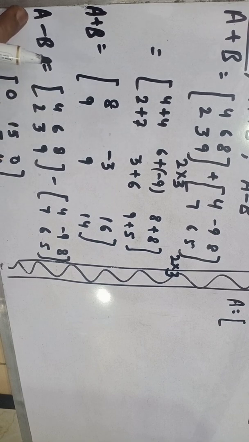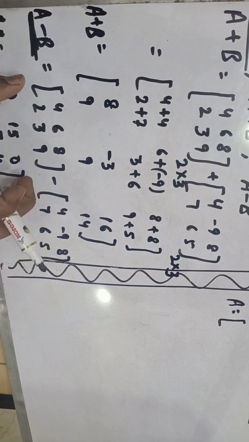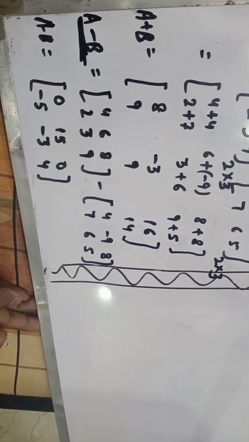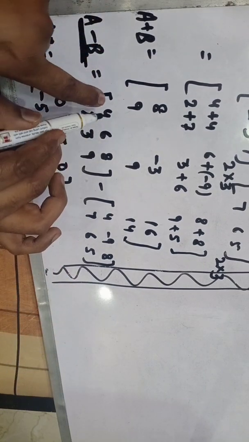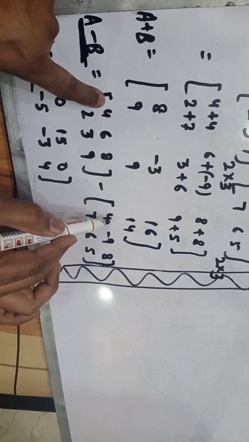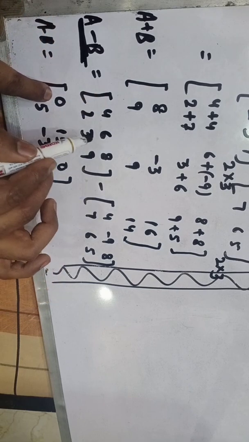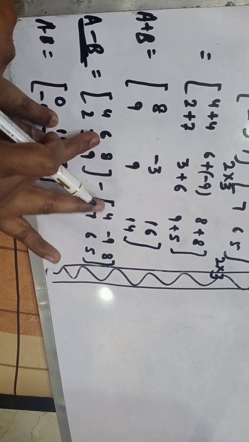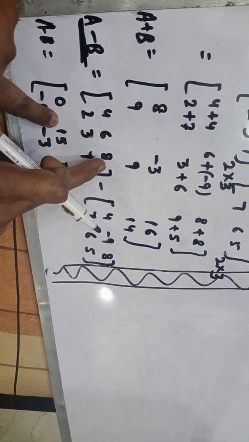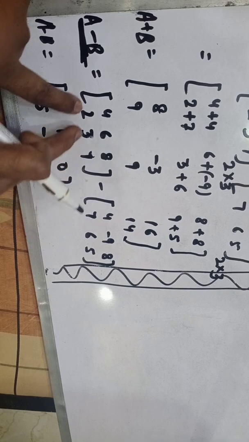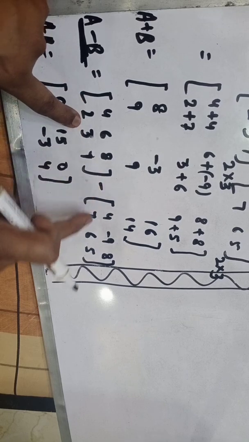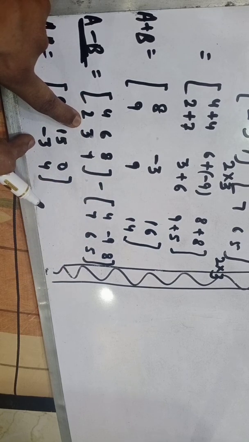Now we have to find the subtraction of these two matrices, A minus B. This is your A matrix minus this is your B matrix, and we simply subtract element by element. 4 minus 4 is 0. 6 minus -9 is 6 plus 9, so it is 15. 8 minus 8 is 0. 2 minus 7 is -5. 3 minus 6 is -3.